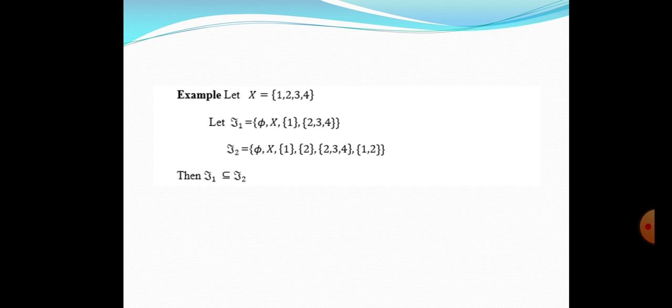Next example, let X equal to {1, 2, 3, 4} and two topologies are there. Tau 1 equal to {empty set, X, {1}, {2, 3, 4}}, and the next topology is tau 2 equal to {empty set, X, {1}, {2}, {2, 3, 4} and {1, 2}}.